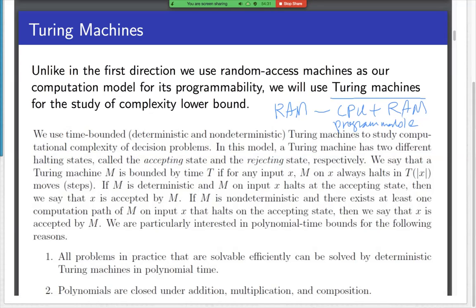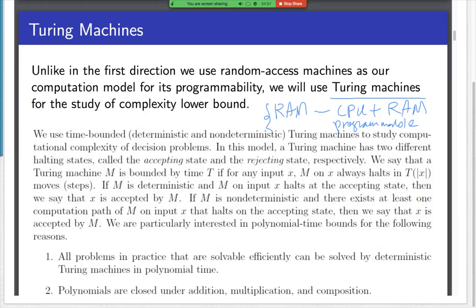We didn't mention it explicitly, but this is what we have been using. The pseudocode can be used to program this random access machine.